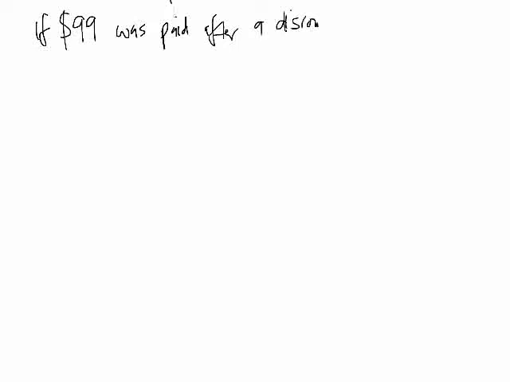where you have to substitute for a different variable. So let's say if $99 was paid after a discount of, let's make it 22%.